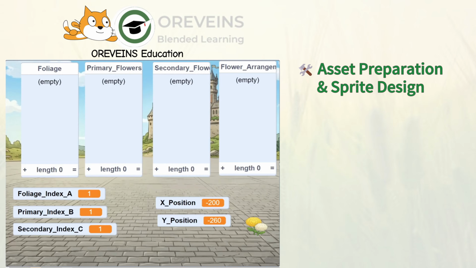We also create 3 index variables: foliage_index A, primary_index B, and secondary_index C, which act like pointers that keep track of our current choices in each list. Finally, we use 2 layout variables, X position and Y position, to control exactly where each flower pot appears on the stage so they don't overlap.